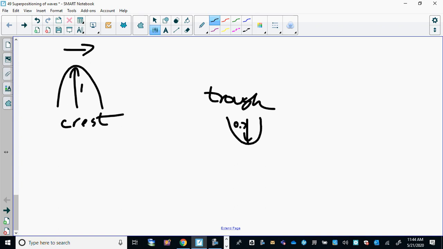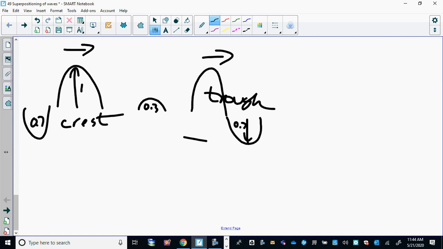And the answer is they will destructively interfere, and so you will subtract their magnitudes. So when they pass, they will create a wave that looks like this, that is 0.3 in amplitude. And then once they pass through one another, the 1 will resume going that way, and the 0.7 will resume going this way. So this is called superpositioning.